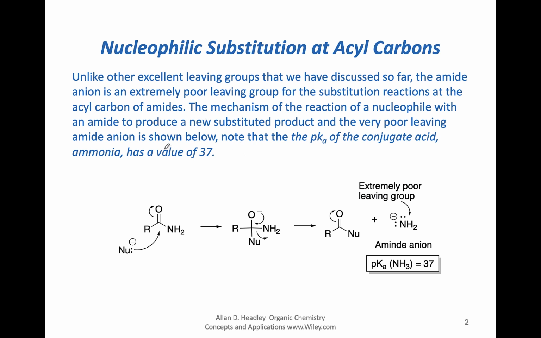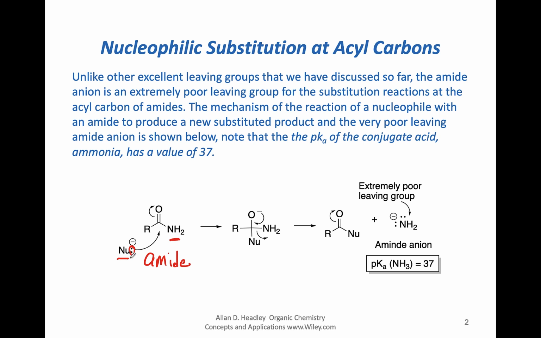First, we'll look at amides. So here is an amide, as you can imagine, because of the NH2 that's bonded to the carbonyl group here, or the acyl group. For a substitution reaction, we have a nucleophile here with its electrons. Remember, a nucleophile is essentially a Lewis base.